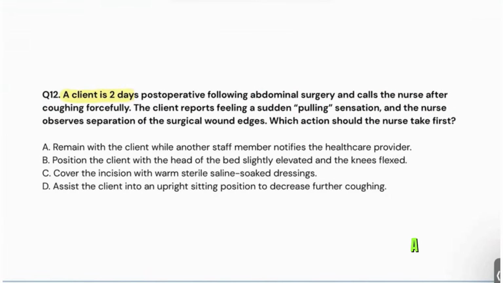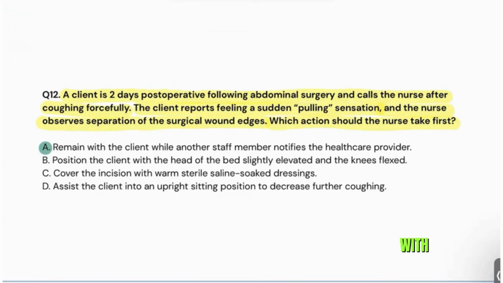Okay, question 12. A client is 2 days post-op following abdominal surgery and calls the nurse after coughing forcefully. The client reports feeling sudden pulling sensations, and the nurse observes separation of the surgical wound edges. Which action should the nurse take first? Let's look at the options that we have.